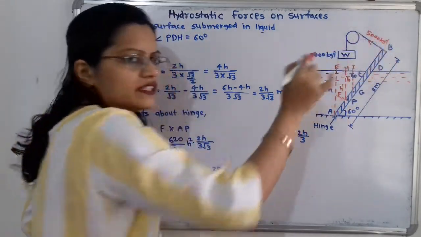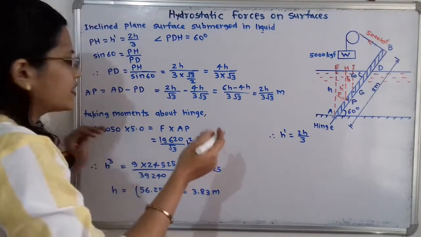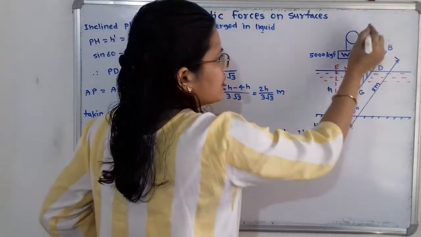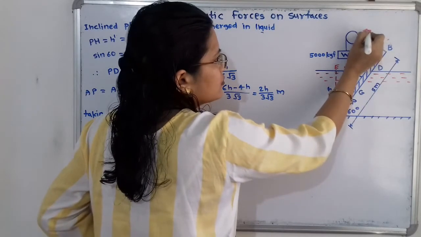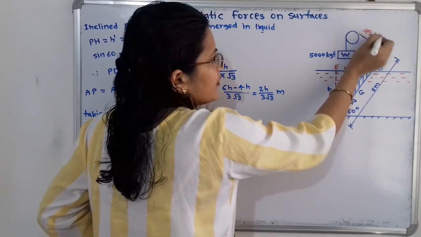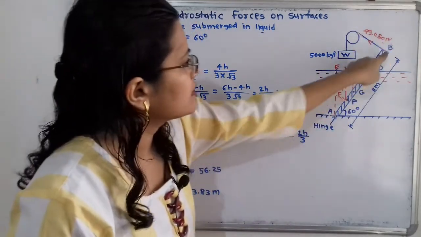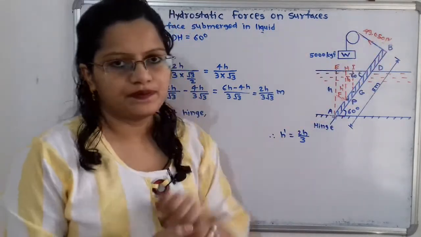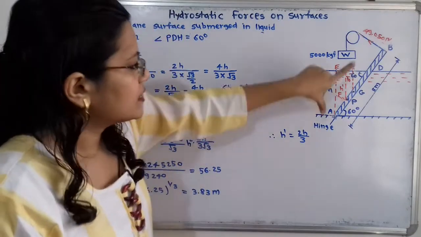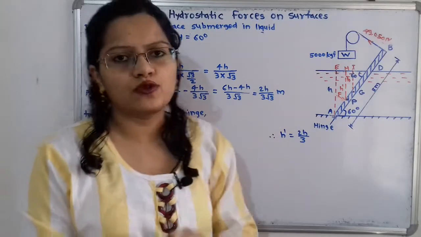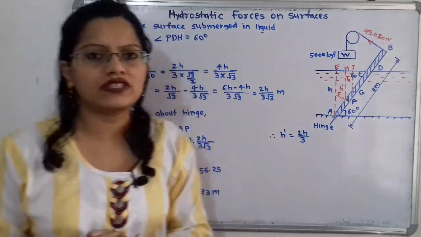So 5000 kg, which is equal to 49,050 Newton. So 49,050 multiplied by this length AB. So this AB is known, that is 5 meter, but here this AP is unknown. So first we have to find out this AP.